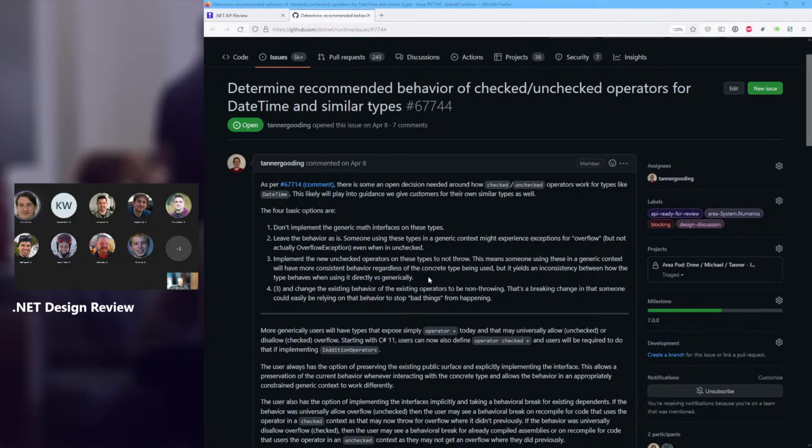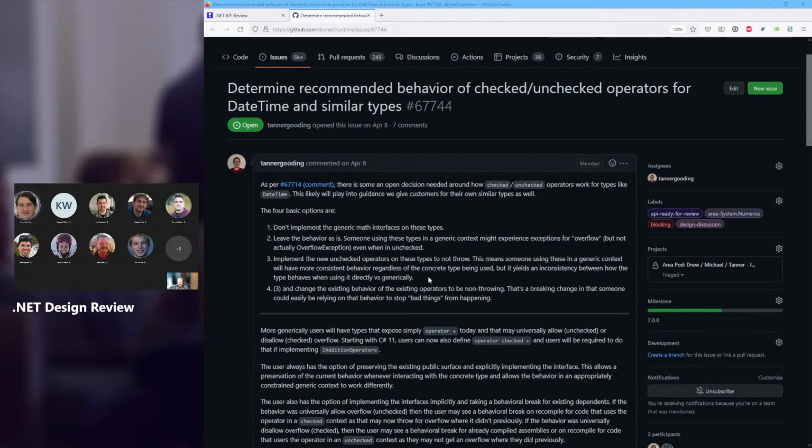Okay. Then if we take 3 as the blanket policy, there's the question of the 2 specific types in generic math that are impacted, which are BigInteger and decimal, which currently always throw today. Should they be updated to be in line with the other integral types provided by the BCL to correctly support conversions in a checked and unchecked context?